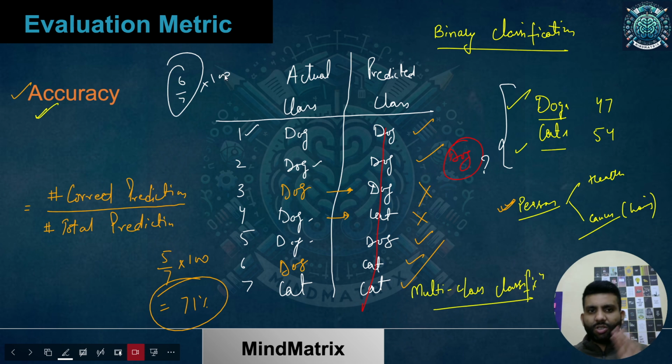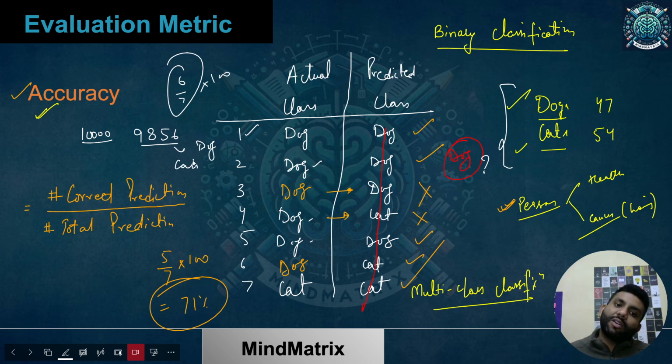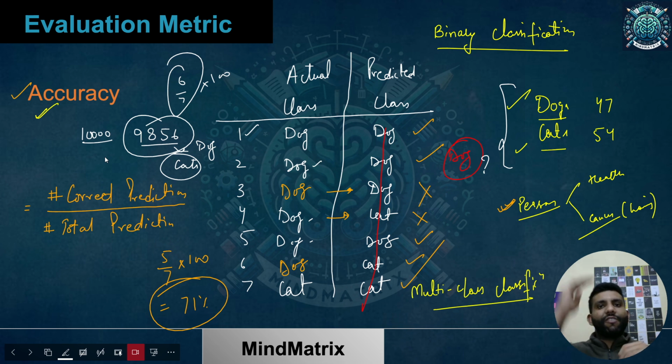For example, this was a simple example. If I'm having 10,000 total images, out of that 9,856, suppose, are of dogs only, and the rest of them are of cats, and if my predictor simply tells, while predicting, that every image is of a dog, then the accuracy would be nearly 98%, 98.56% directly.